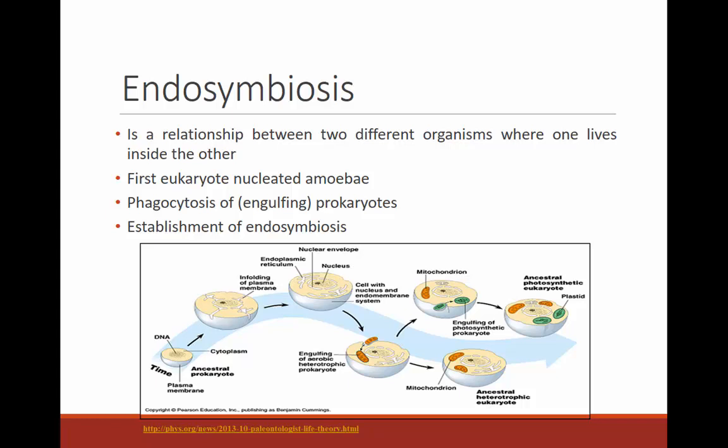Then that's a good thing for the host cell, because it gets the energy from that particular bacteria, for example a prokaryote, and the prokaryote gets protection. So it's a win-win. And that is what's thought to have happened, and that's why we have the 70S in some eukaryotic cells.